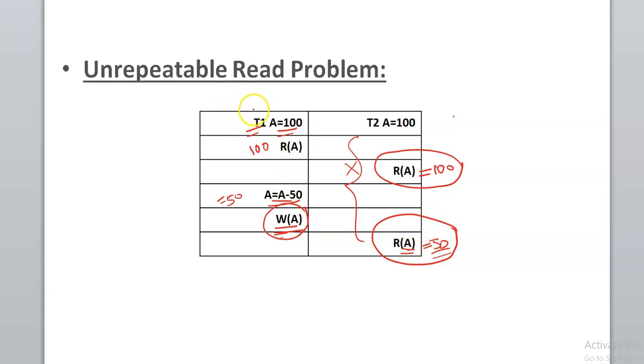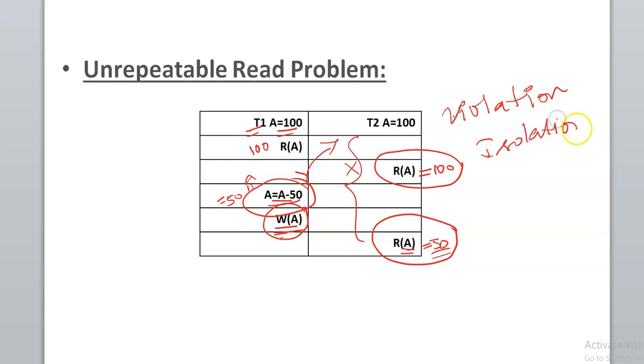Because an operation made in transaction T1 is causing the problem in transaction T2. There is definitely no isolation between these two transactions. So here, a violation has been done of which property? Of the isolation property. Because of the violation of the isolation property, the unrepeatable read problem has occurred in this particular scenario.